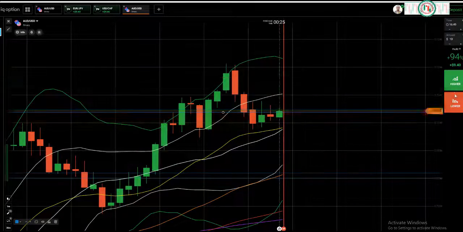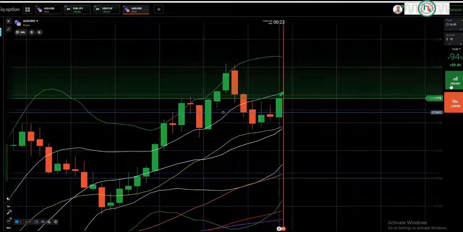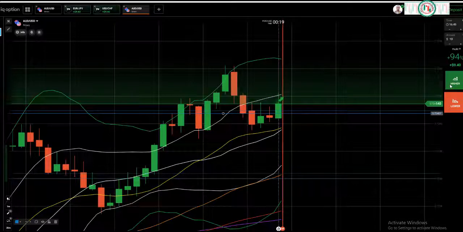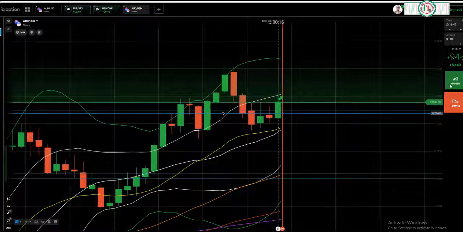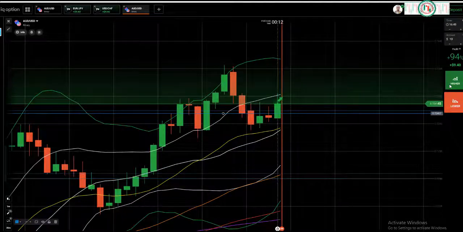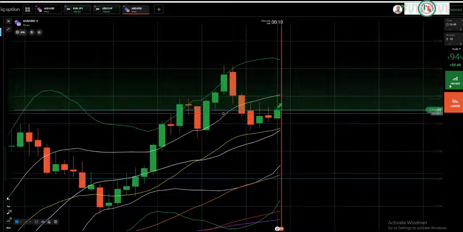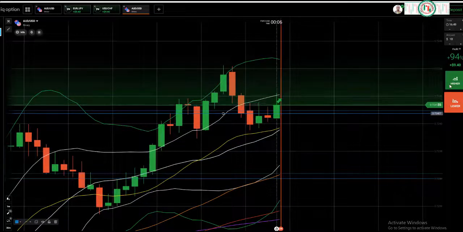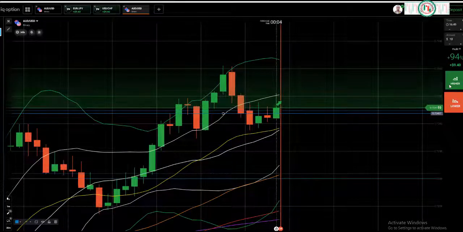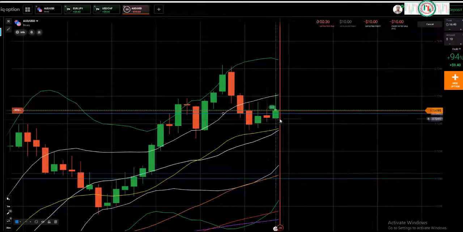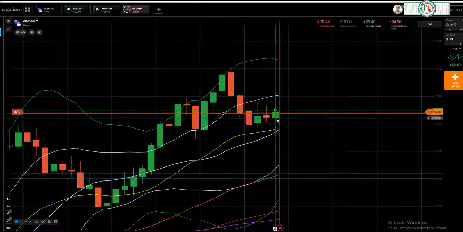But market is trying to break. Wow, it's very fast. But if it comes down, down, down, yes, down a little bit, yes, yes, yes, I place my trade call option.